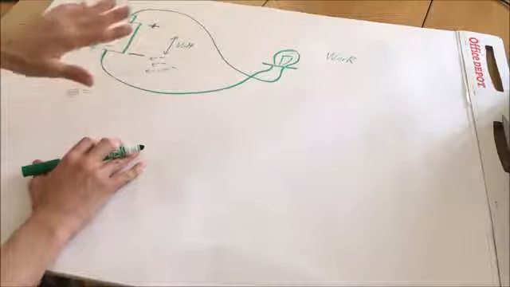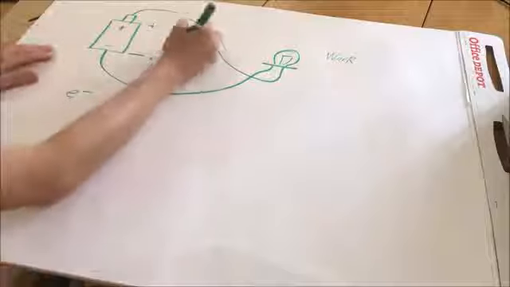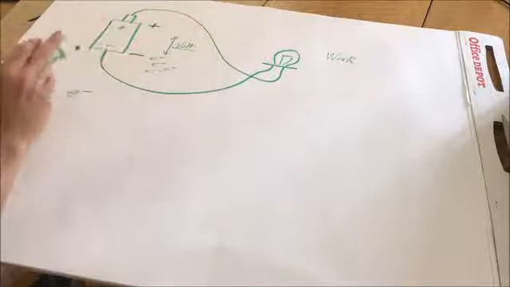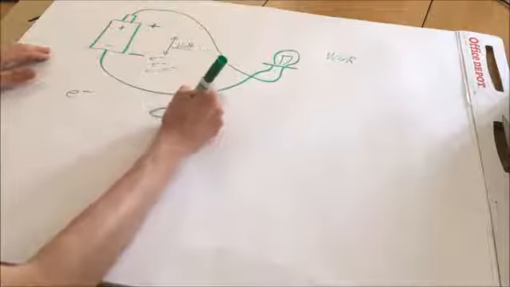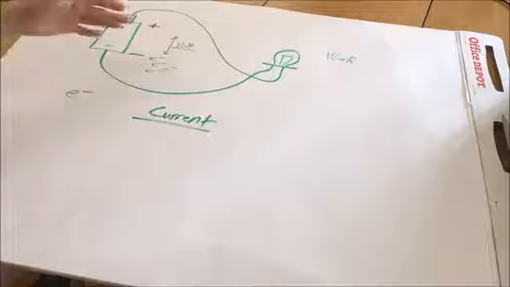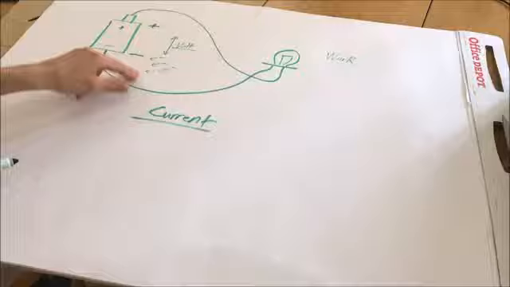Now, before I talk about how the work is actually getting done, I should mention that besides voltage, which is the potential in a circuit, we should also discuss current. Current is basically the counterpart to voltage, which is more of the quantity of the electrons moving.